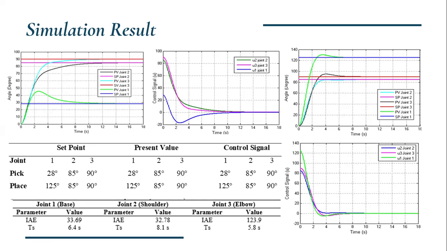This means that the LQI has worked by minimizing the value of the control signal. We carry out analysis using measurement of the integral absolute error value and settling time to determine the quality of the control response, as shown in the table.